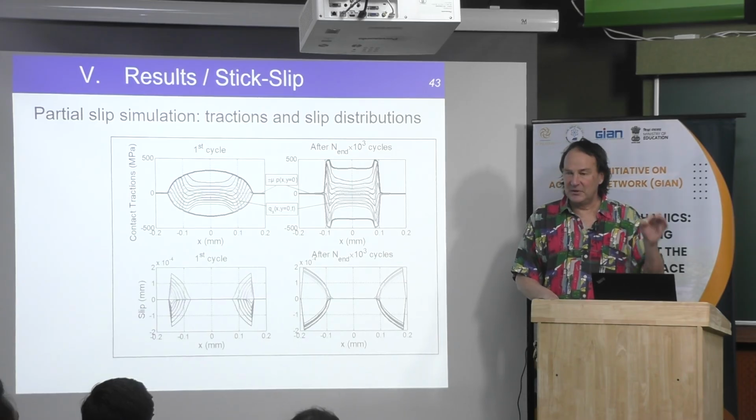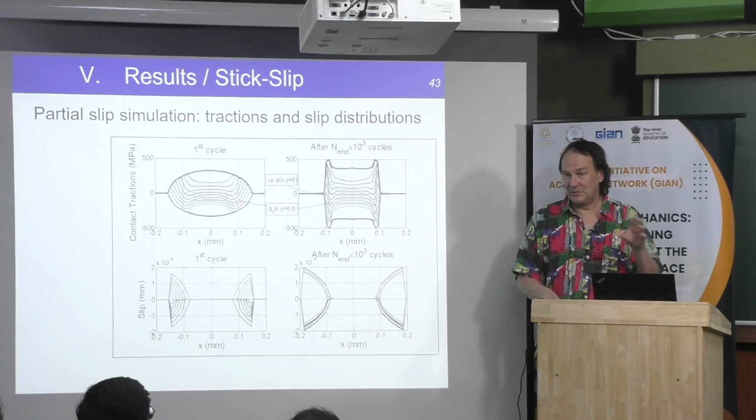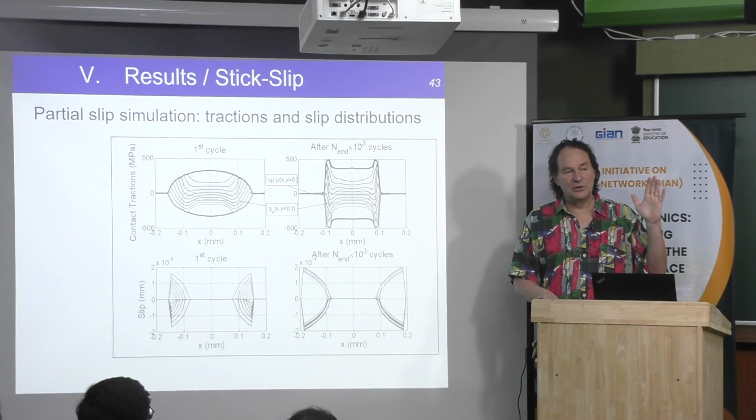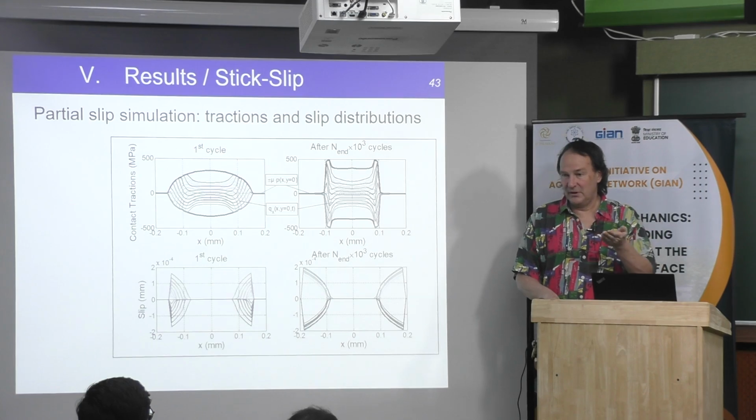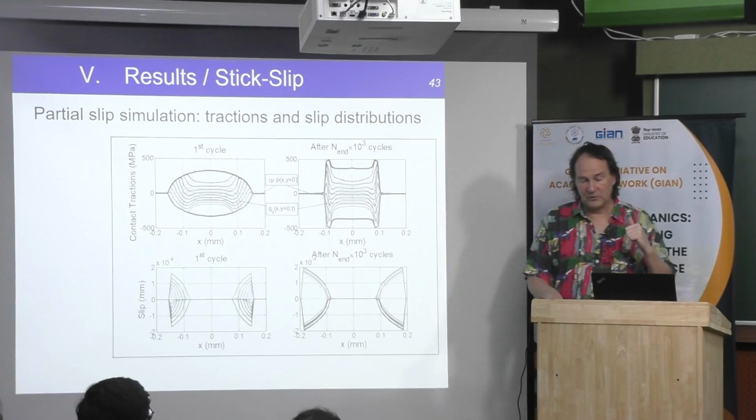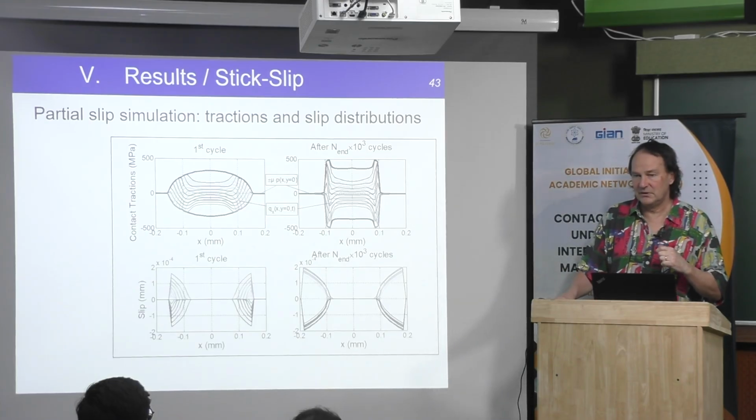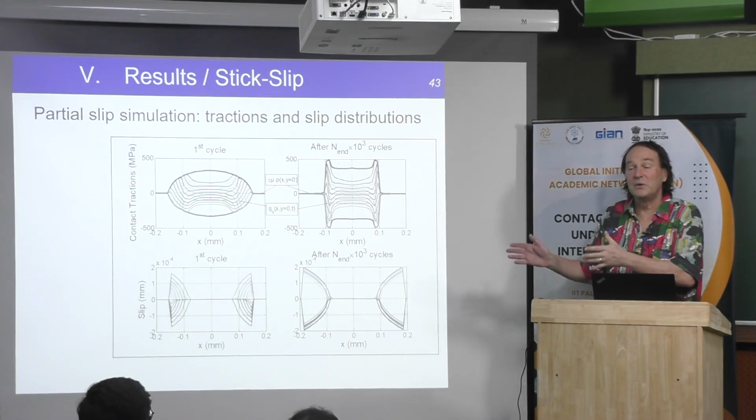If you are in stick-slip regime, you remain in the stick-slip regime always. And if you have a gross-slip regime, you will remain in the gross-slip regime. Then you do not have a change from gross-slip to partial slip, or the opposite, when the friction coefficient is constant. Okay, this is the idea. This can be found numerically.